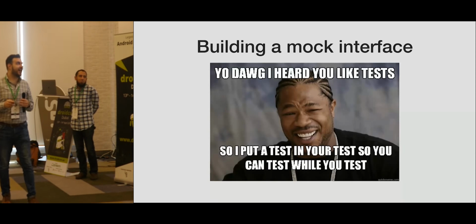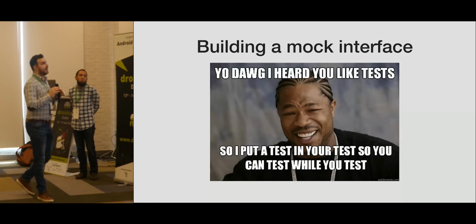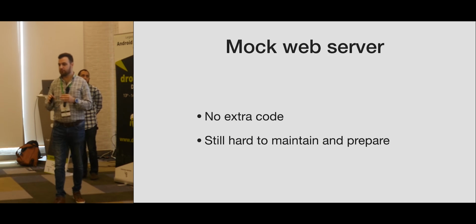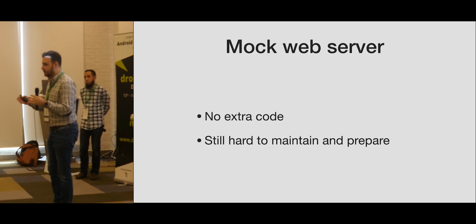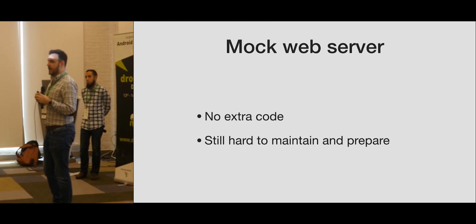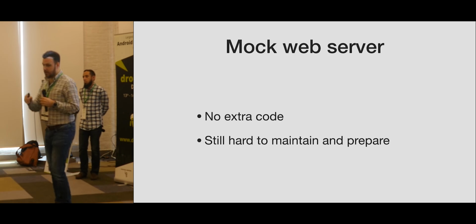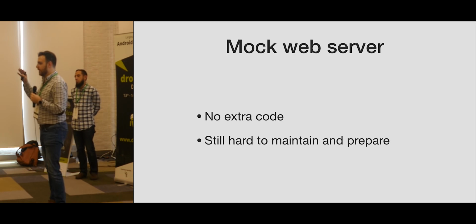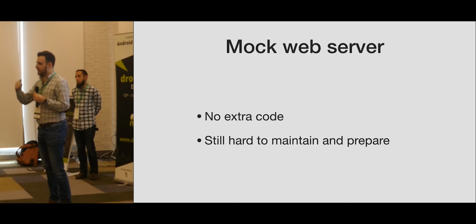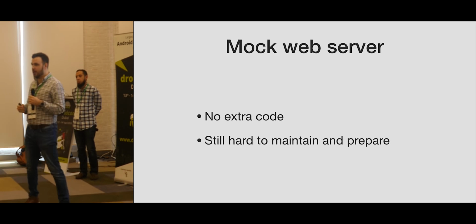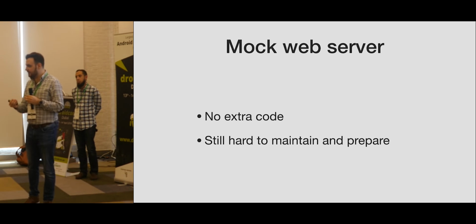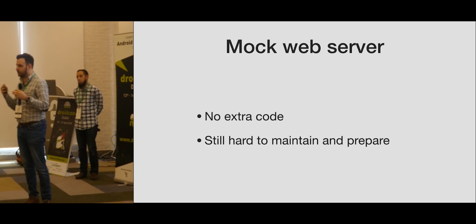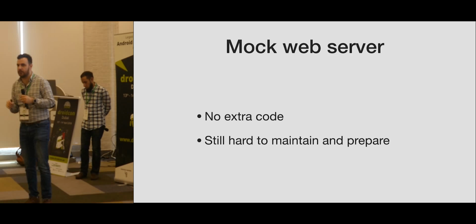So what other options do we have? We can go and implement a mock web server. For those not familiar with the concept, it's simply a mapping. It's a web server that runs and simply has a mapping: if we hit this URL, just provide this response. So all we need to do is build this mapping. And if you're using HTTP, this server can run within the same app as well, which is perfect, so you don't even have network issues or worry about where to host and so on.